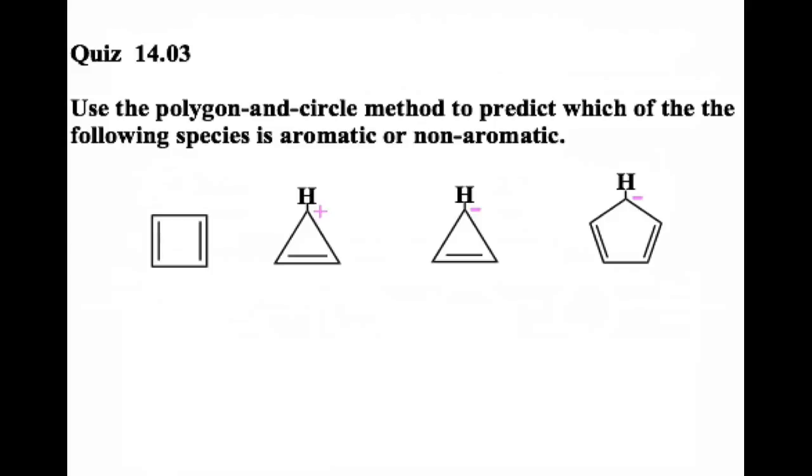So I want you, this isn't a real quiz, I want you to use the polygon and circle method to predict which of the following species is aromatic, non-aromatic, or anti-aromatic.